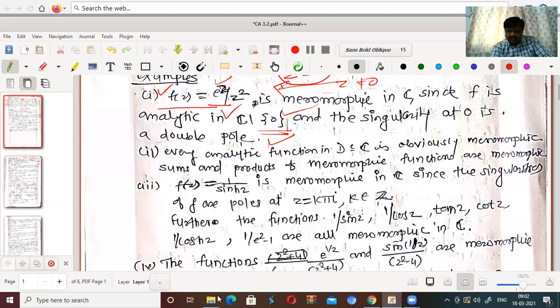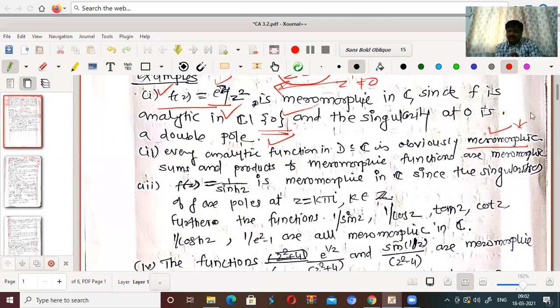Every analytic function in D, which is a subset of C, is obviously meromorphic. Every analytic function is meromorphic, but every meromorphic function may not be analytic, isn't it? Every analytic function means a function is analytic at every point. That means it is meromorphic. Meromorphic means what?